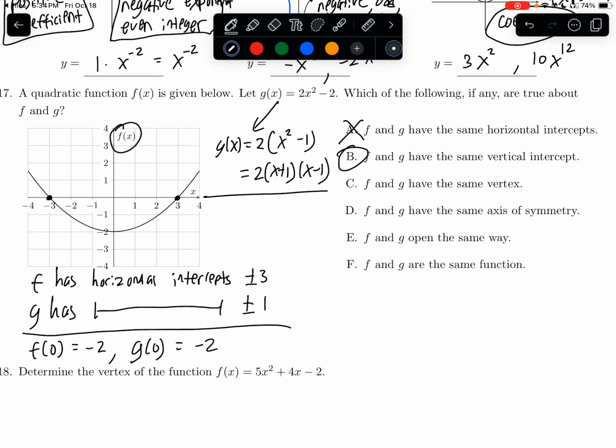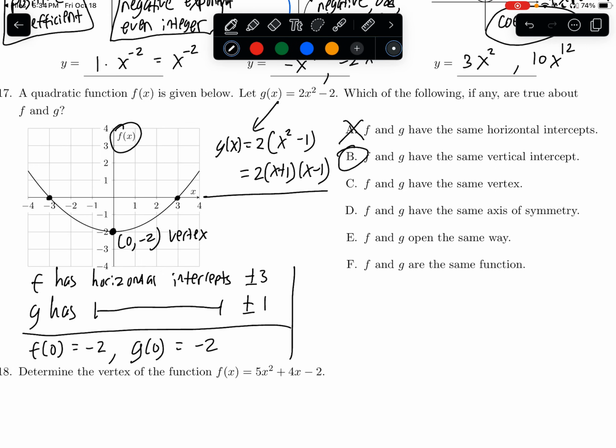Do they have the same vertex? We have to be a bit careful about this. So f has a vertex at 0, negative 2. That is the vertex for f.